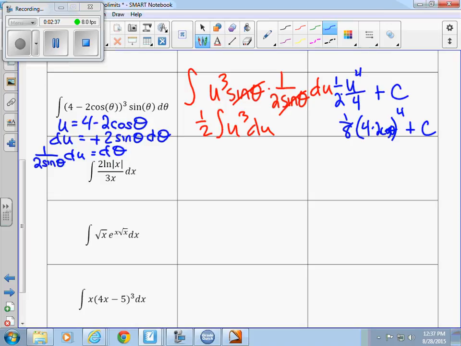What's the derivative of ln of x? 1 over x. Is there a 1 over x sitting there as well? Good pick. Right? If the derivative shows up again, remember that's a good choice. So I'm going to let u equal natural log the absolute value of x. du would be 1 over x. So dx would be x du.